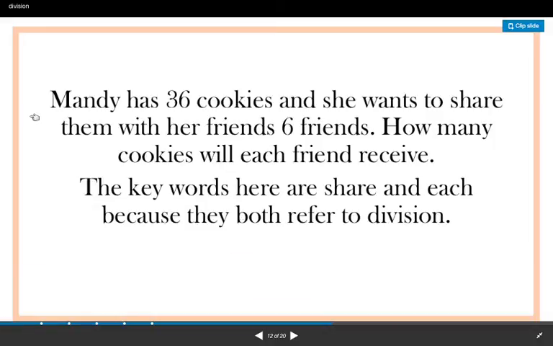So in this word problem, it says Mandy has 36 cookies and she wants to share them with her friends. She has 6 friends. How many cookies will each friend receive? So we're going to take 36 cookies and divide it by 6 because we have share and each, because those are both terms that involve division.